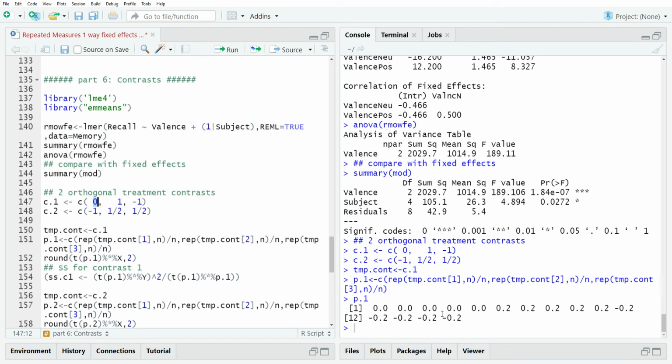So 1, 2, 3, 4, 5, each divided by n. So that's 1 divided by 5, which is 0.2. Then you take this component, repeat it n times, 5, and divide each of those by 5. So I'm creating this P1 to have that very specific form.